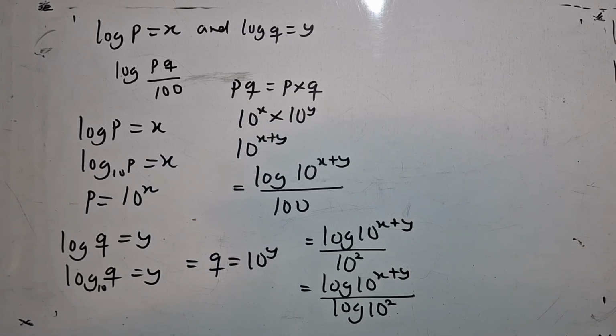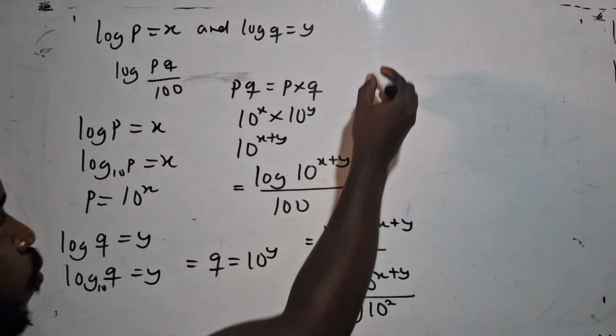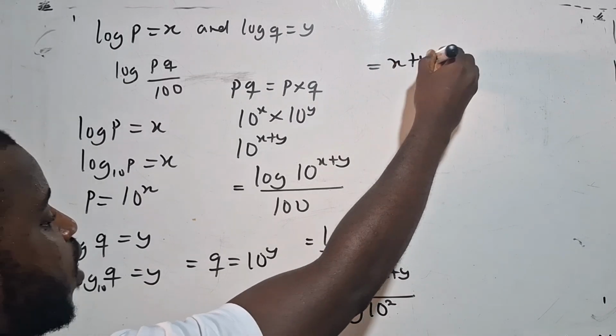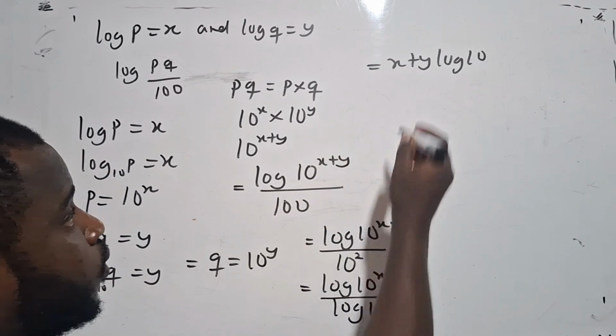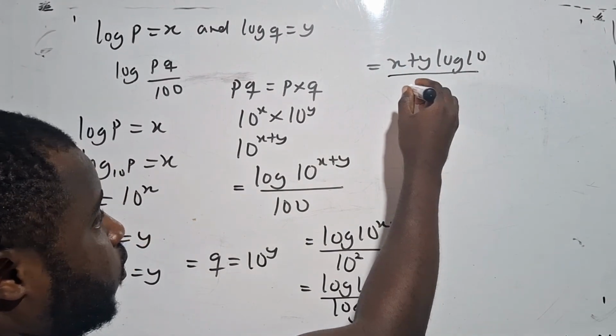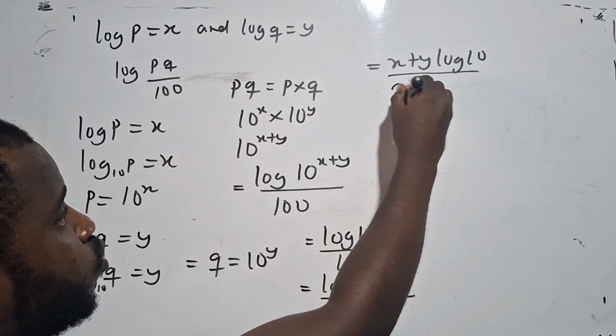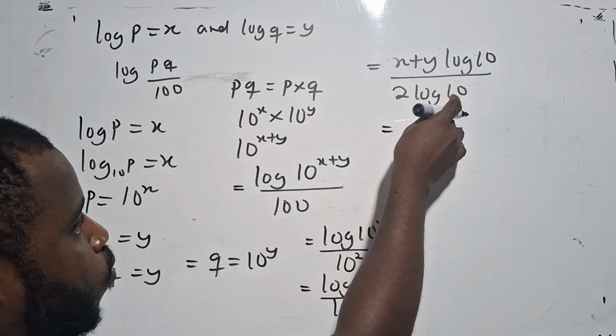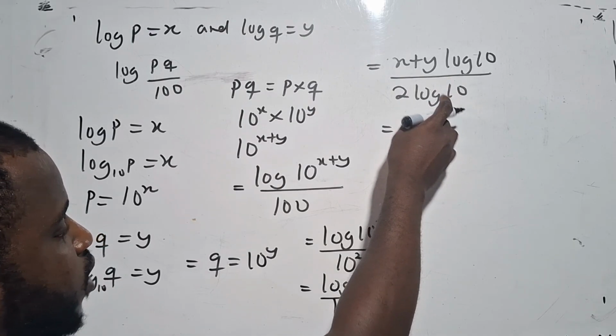Now follow closely step by step. The top one will now give me x plus y all over. This one will also give me 2. They have a common log.